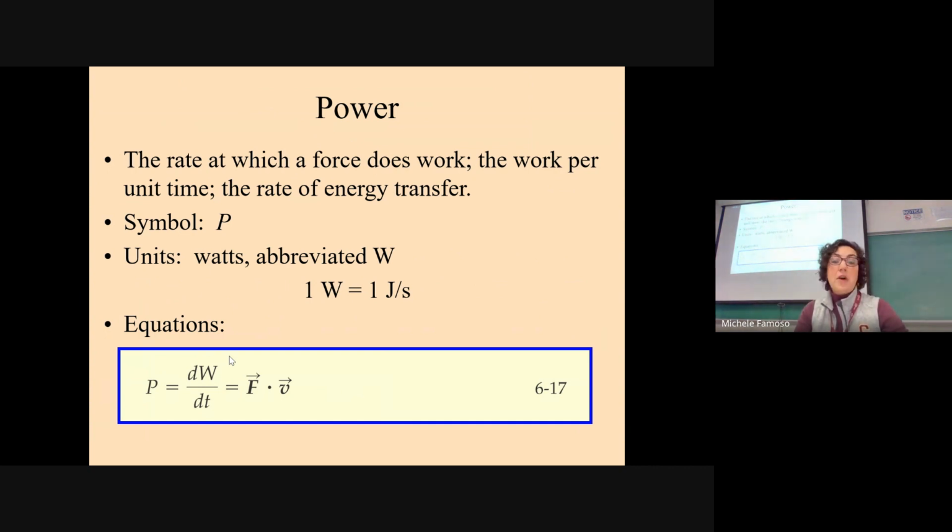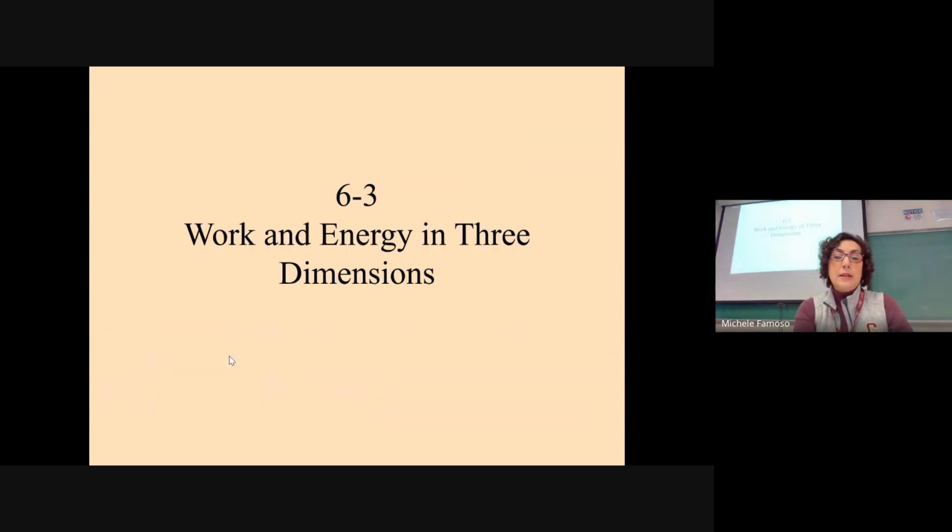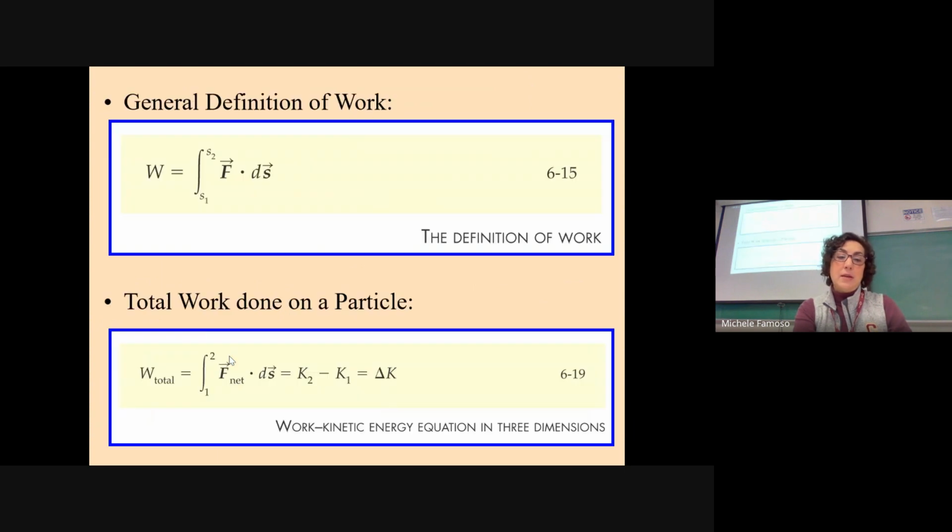So the derivative of a work function with respect to time would be the dot product of the force and the velocity vector. Again, it's a dot product because we get a scalar result for power. I'm skipping this. Remember, the total work done is the change in kinetic energy.